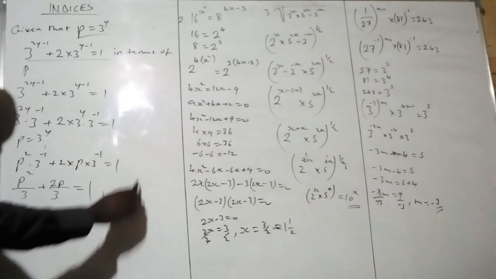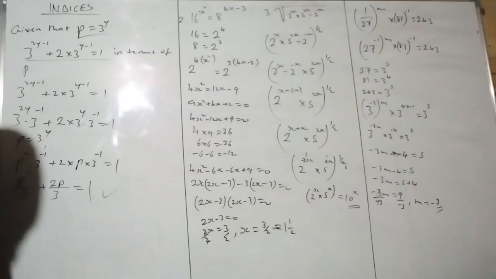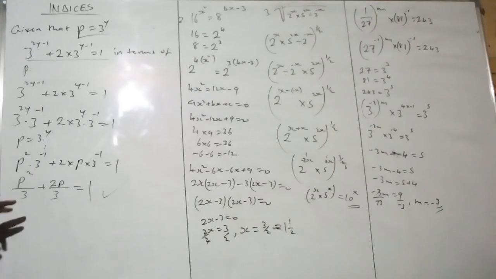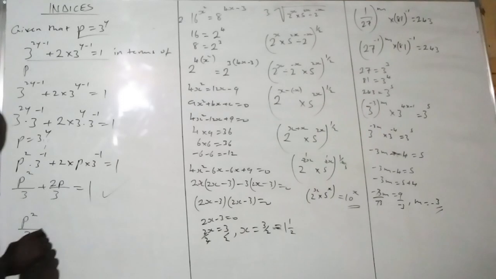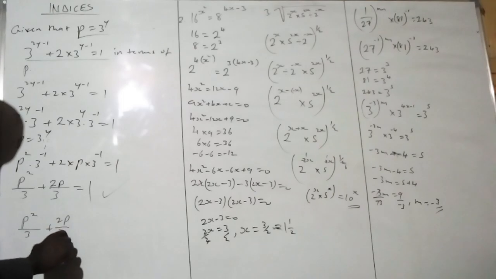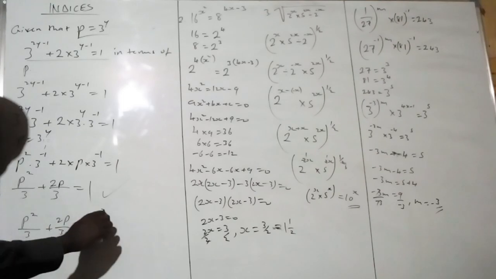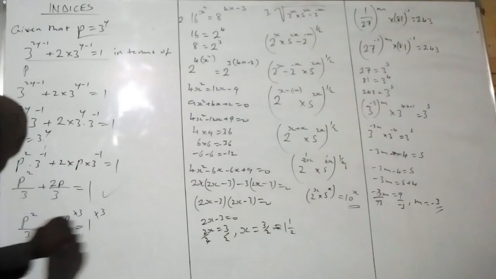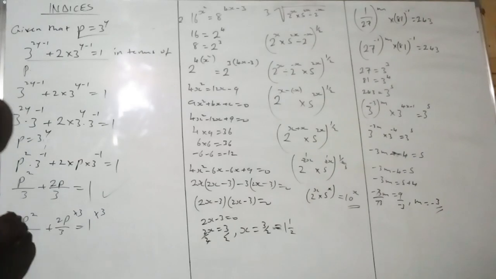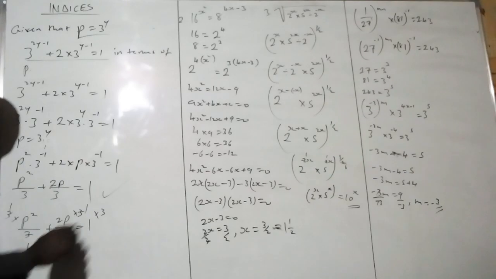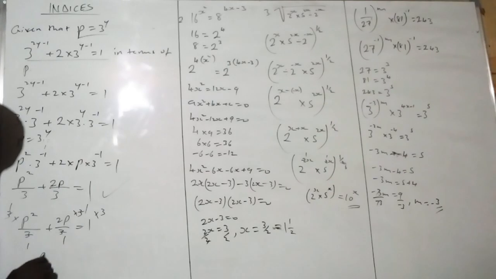Next, find the value of y in the equation. You proceed with this. P squared 1 over 3 plus 2p over 3 is equals to 1. LCM of 3 and 3 is 3. You can say times 3, 1 by 3, 1 by 3, 1 by 3, to have p squared plus 2p is equals to 3.